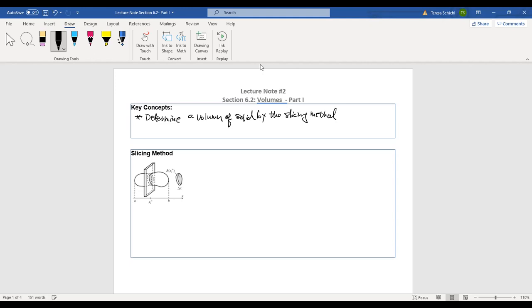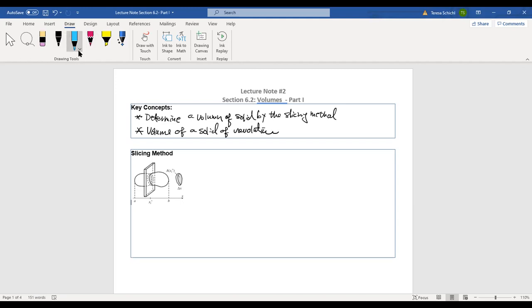Then the second part, the second video for this lecture number 2, we're going to talk about how to find the volume of a solid of revolution.